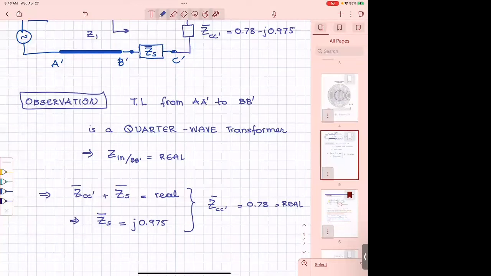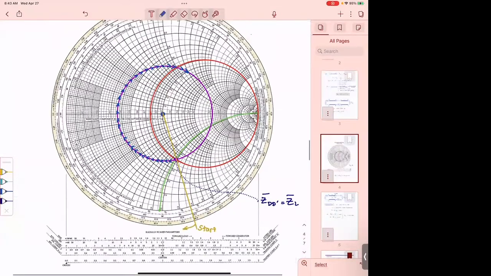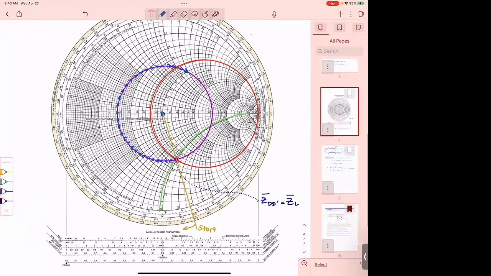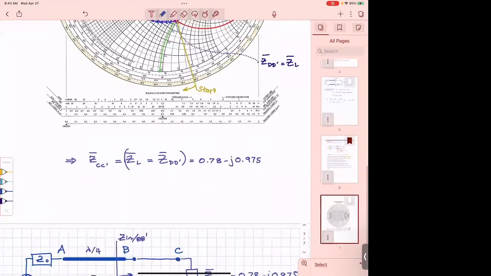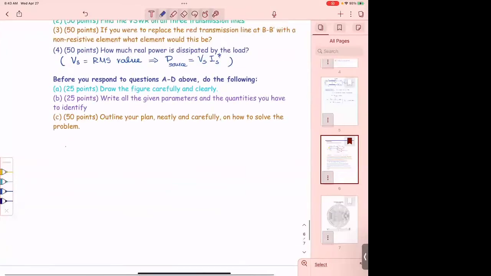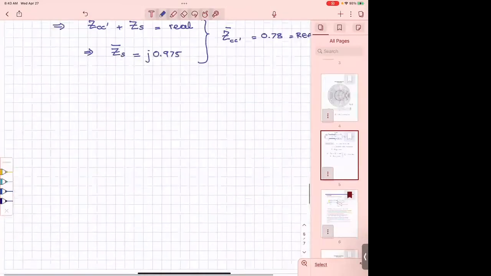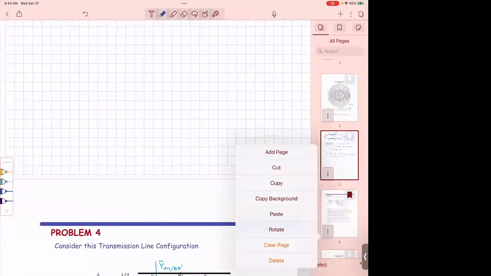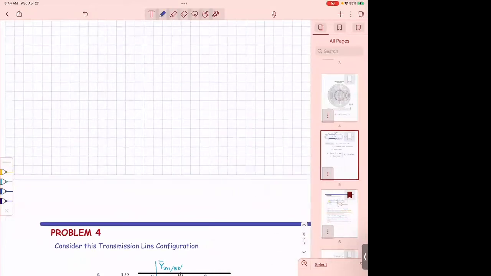Okay. How am I going to make this? Now I can go to the Smith chart. So in the Smith chart, I will keep this as a matter of fact, because I want you to have it, but can I copy this? Copy. And then here, I'm going to add another one. Add.